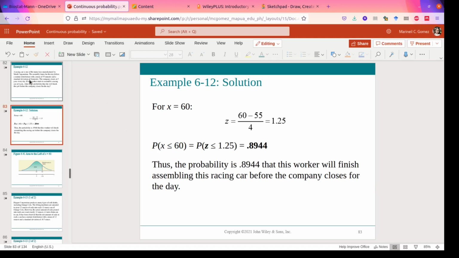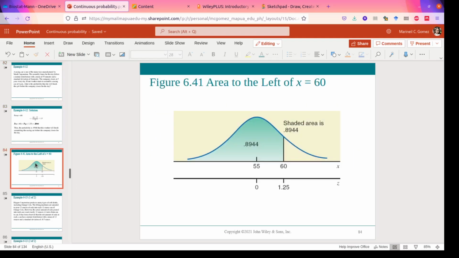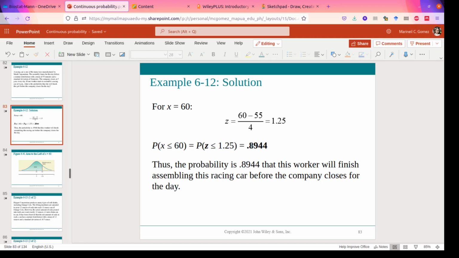But here the question is, what's the probability that she will finish on time? Finishing on time means getting it within 60 minutes, so within this prescribed time. So less than or equal to 60 minutes.